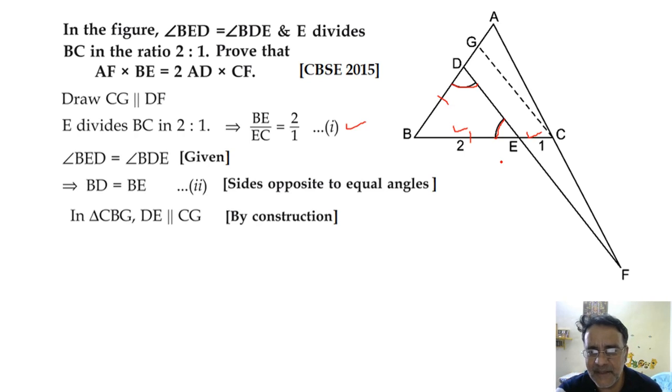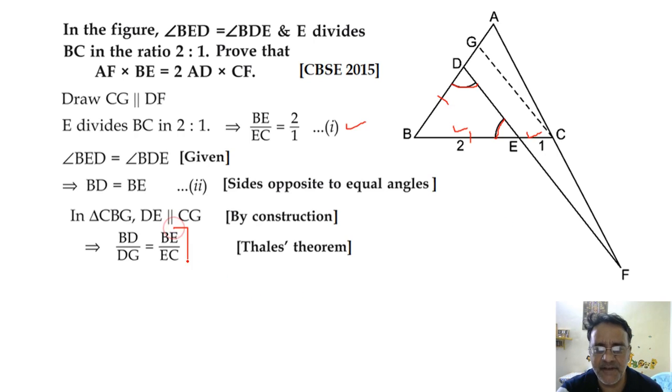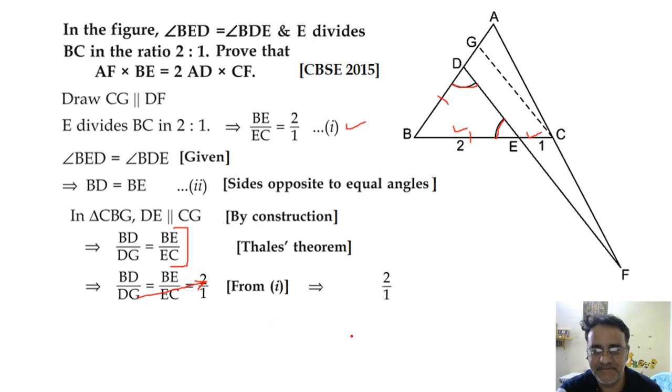So if you apply the basic proportionality theorem, what we are going to get, BD upon DG is equal to BE upon EC. And this ratio we already got as 2 by 1. So we can write BD is equal to 2 times DG. This is clear?